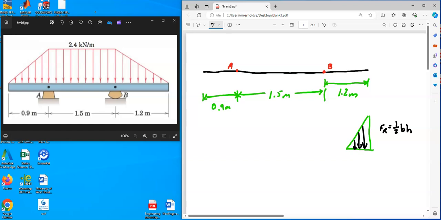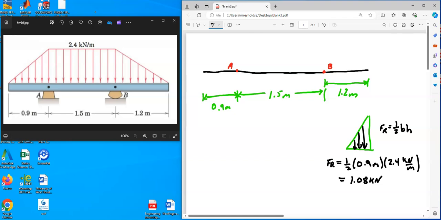In this case, the resultant force is 1/2 the base, which is 0.9 meters, that's how wide it is, and then the height is 2.4 kilonewtons per meter. If you do the multiplication, you will get 1.08 kilonewtons. 1/2 base times height.